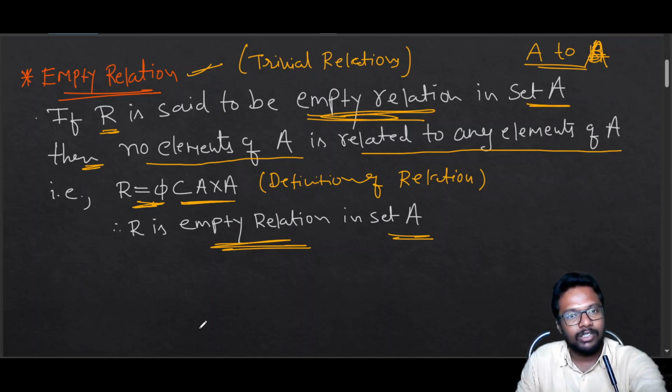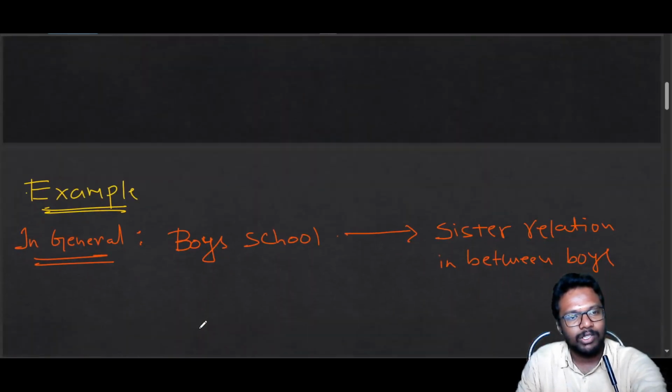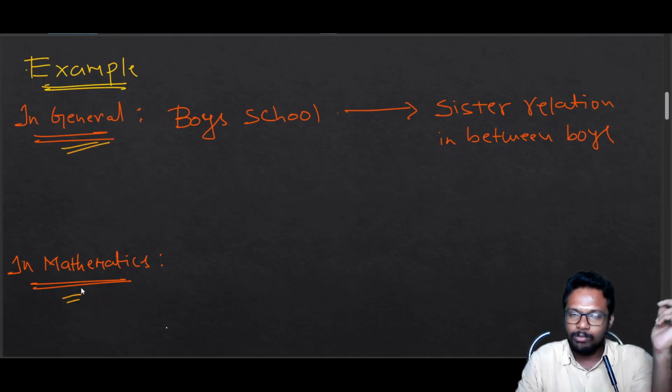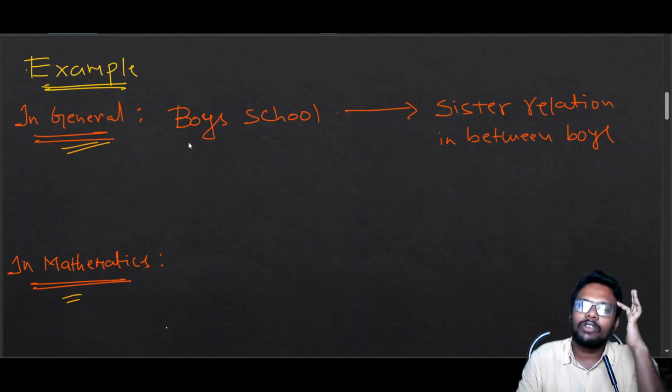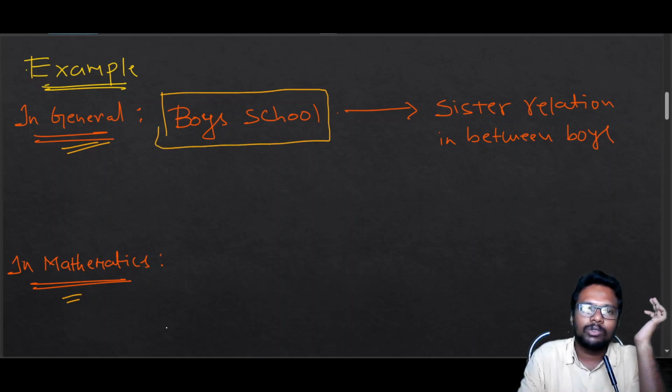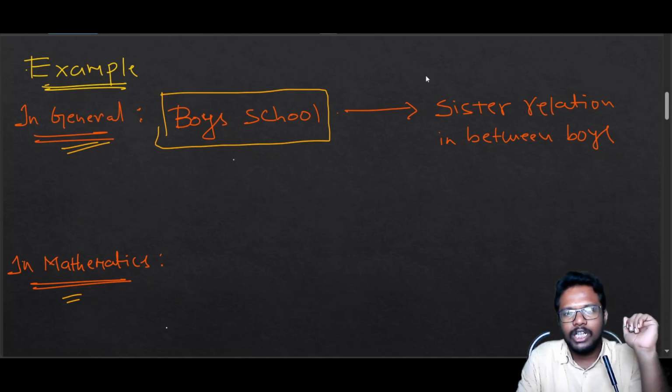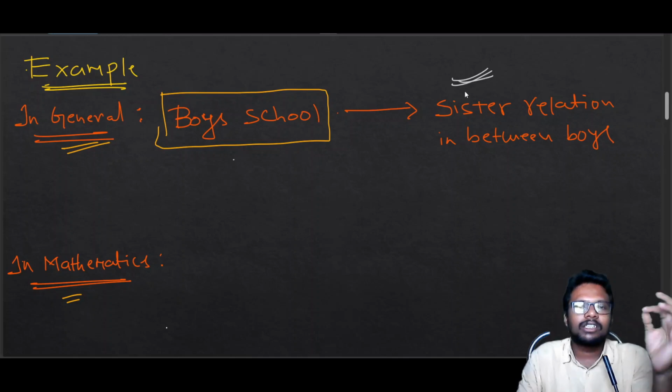So let us understand with an example. I have taken two examples, one in a general way and one in a mathematical way. In general, consider a boys school. I am asking to create a sister relation between boys. It is not possible.